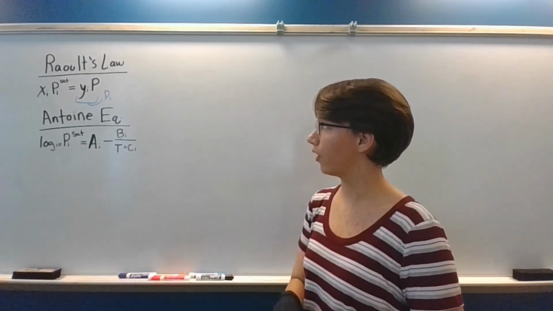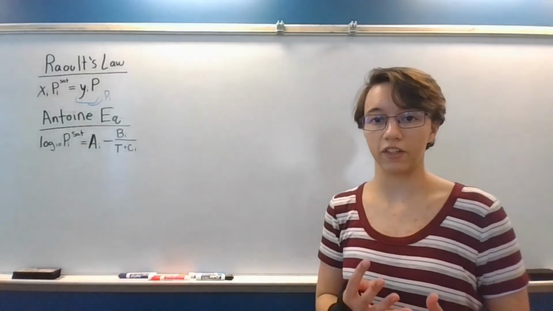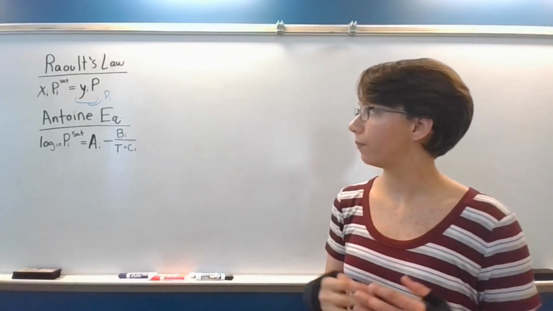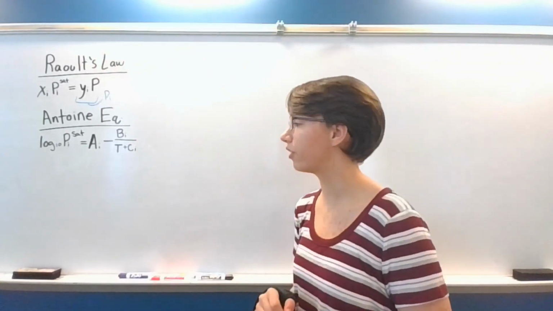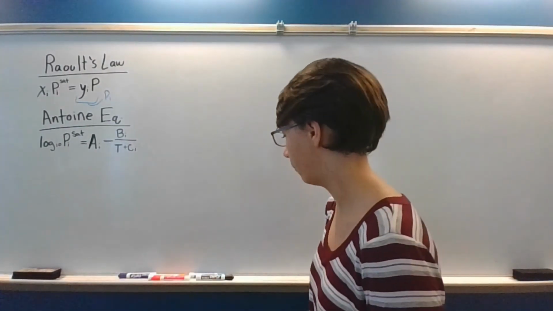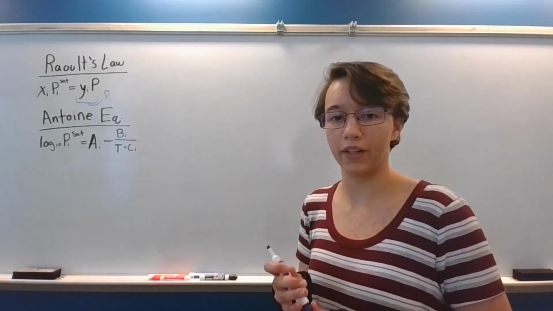Alright, so that's Raoult's law, and we can use it to derive four specific equations to find bubble points and dew points for whatever system we have. So first we're going to be looking at the bubble point. Let's first talk about what a bubble point is.